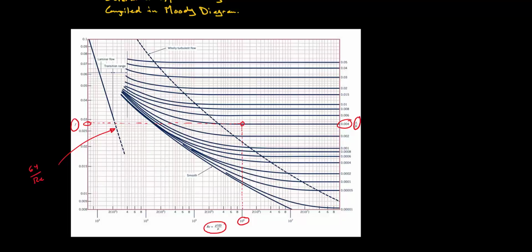So these curves are determined experimentally, and they are really useful when we don't have neat closed form relationships that come from the velocity profiles for a laminar pipe flow.